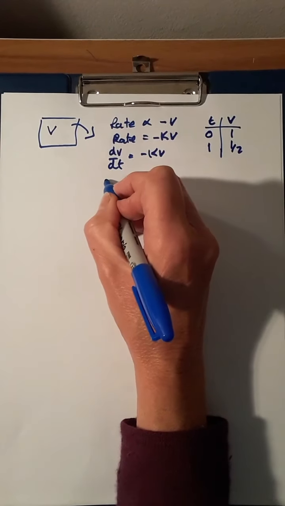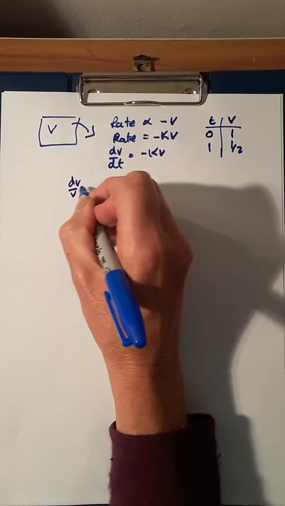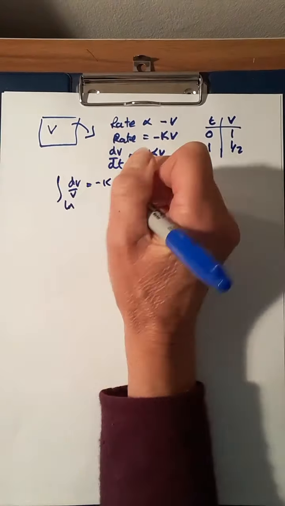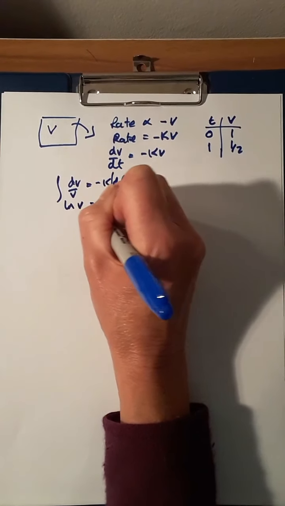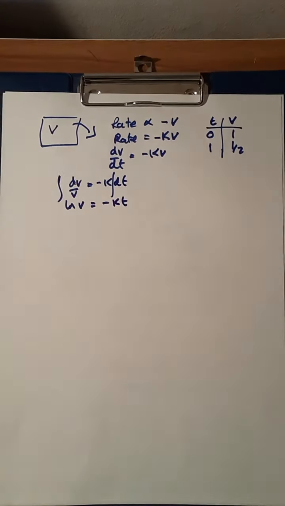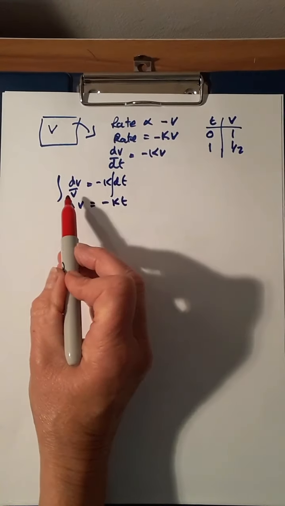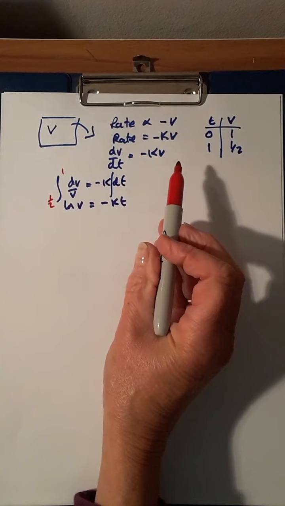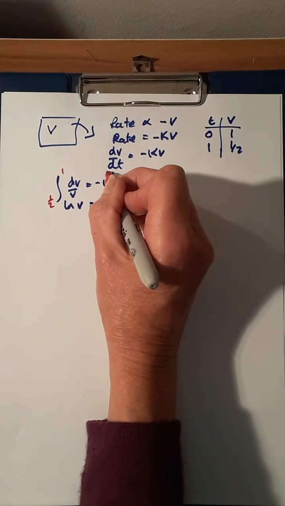All right, I'll separate the variables. dV over V is equal to minus k dt. When I integrate both sides, this becomes ln of V is equal to minus kt. I'm going to put in my limits. V is going from 1 to 1/2, and t is going from 0 to 1.